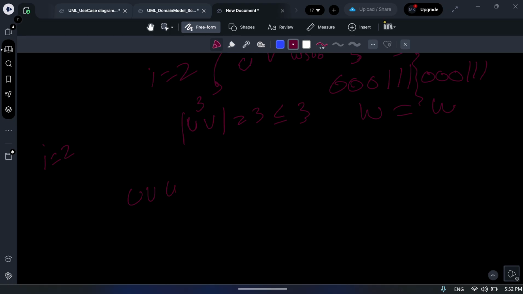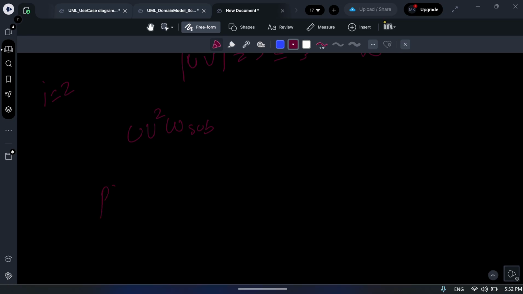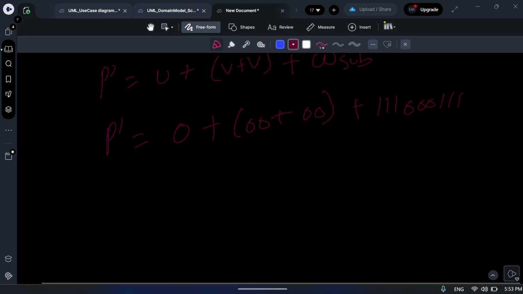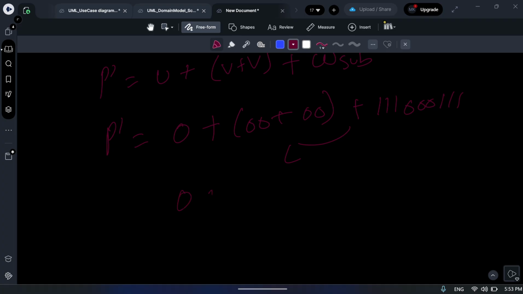We say u v squared w sub, we duplicate it 2 times, and our new string becomes u plus v plus v plus w substring, which becomes 00 plus 00 plus our substring 111 0 0 0 1 1 1, and this in total becomes 0 0 0 0 0 0 1 1 1 0 0 0 1 1 1, which in total becomes why you win against all the split.